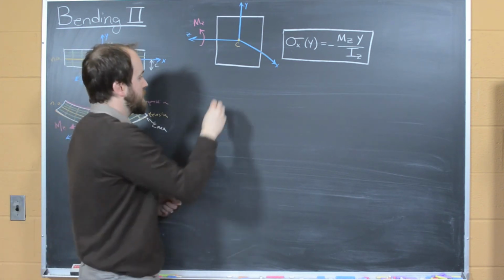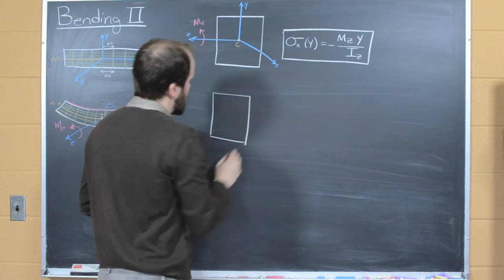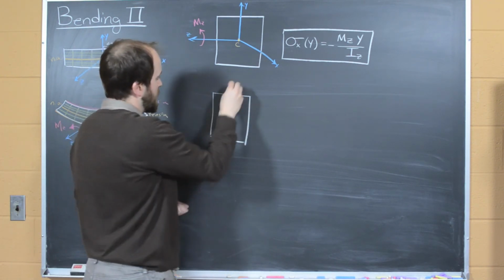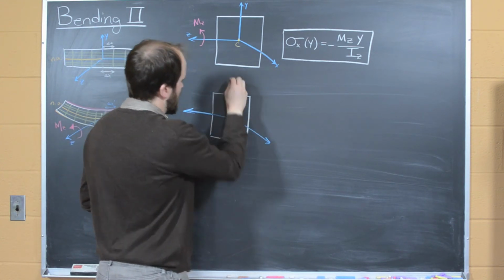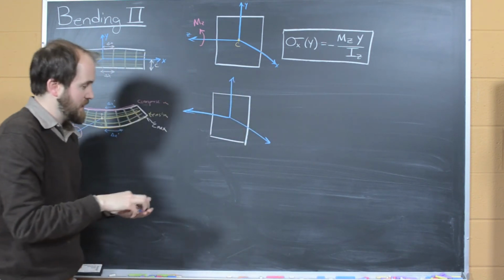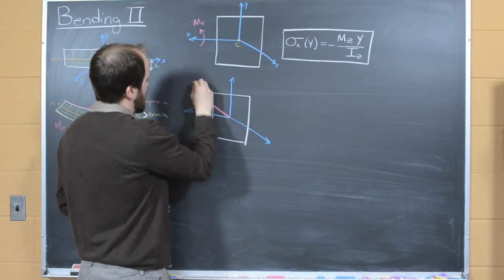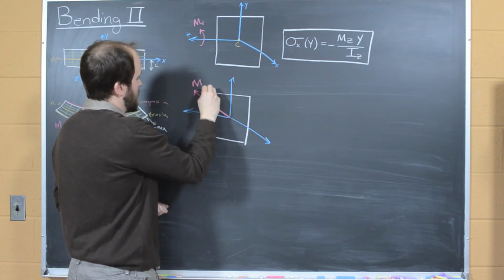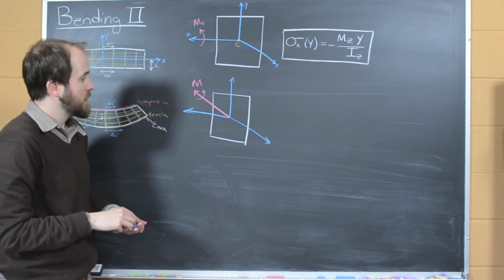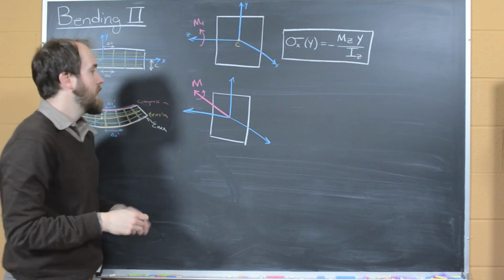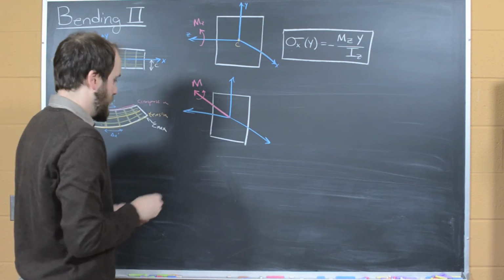And oftentimes things aren't that simple. So the other important case to consider is you take the same structure with the same coordinate axes, and now we can apply a moment at some angle from any of the axes of interest. And so now in order to determine what's going on here, we have to break this moment down into its components, right?